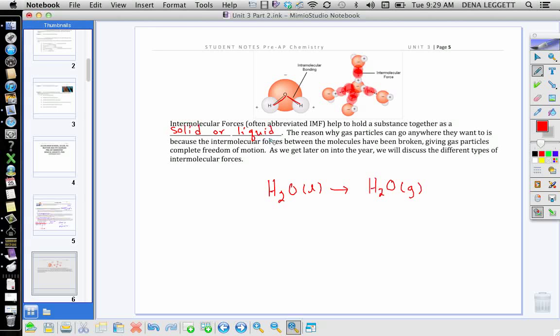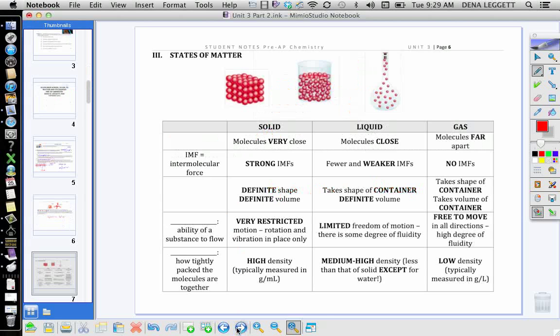We're going to talk a lot more about these in a later unit. We will distinguish the different types. But for now, I need you to know just what they are, because they impact the properties. Structure determines function. Those intermolecular forces are going to be critical in the properties of the different phases of matter.